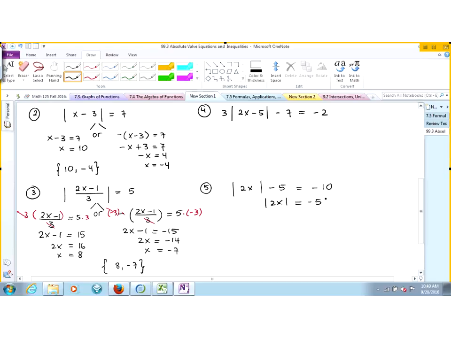What would you do here? Can this be negative? No. So here, no solution. Why? Remember, this is the distance, right? Because distance cannot be negative.